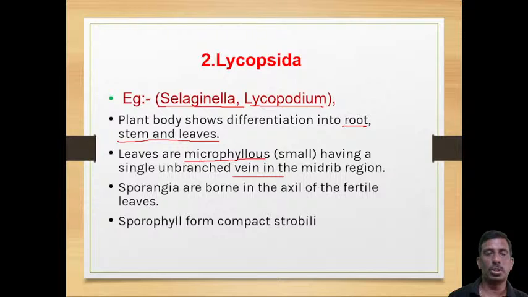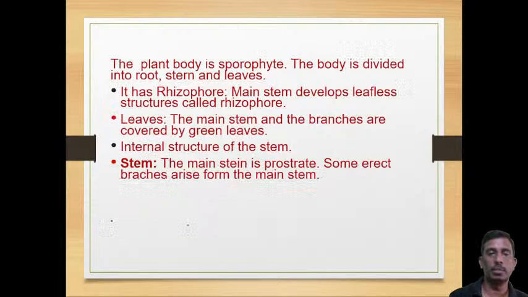Sporangia are produced in the fertile leaves called sporophylls, which form strobili. In the sporophyte there is a root-like structure called the rhizophore, leaves, and a prostrate stem, which arises from the main stem.